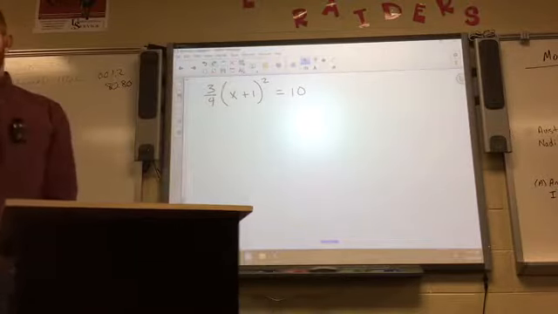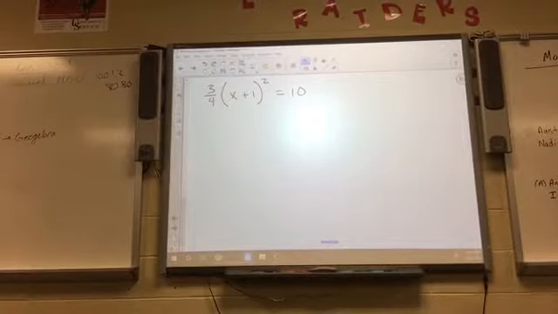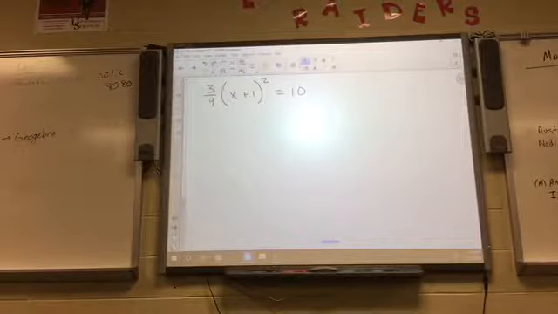Now this one looks a little different because I don't actually have an x squared, right? But I know (x plus 1) squared is x plus 1 times x plus 1, which means I could FOIL it, which means technically I have an x squared and an x to the first, if you were to FOIL it.